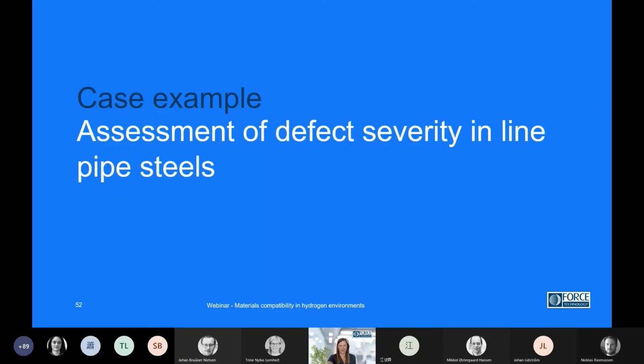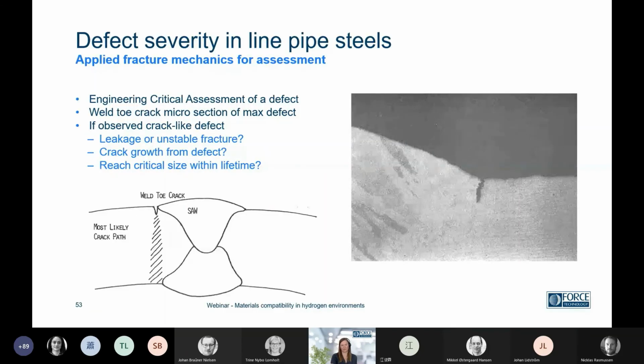Yes. To go back to the engineering critical assessment of defects, we had another full-scale test on a pipeline steel where cracks or defects were discovered. There's a weld toe crack, as you can see to the left in the schematics. You have the anticipated crack path, and to the right there's a cross section showing this actual defect with the weld metal to the left.